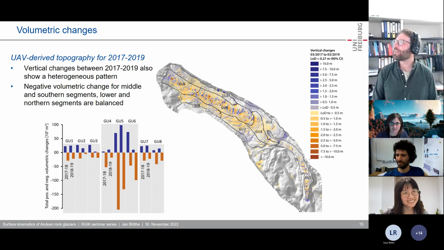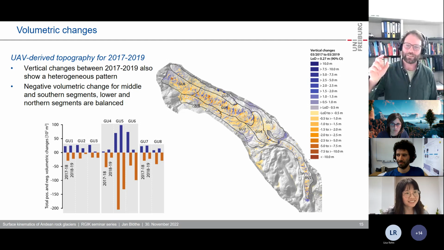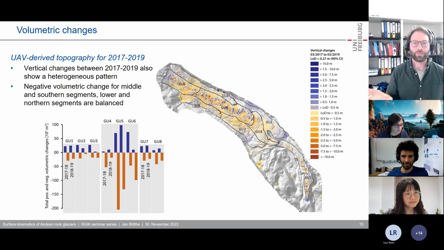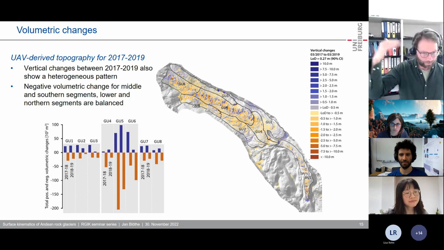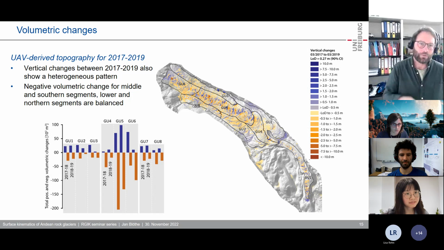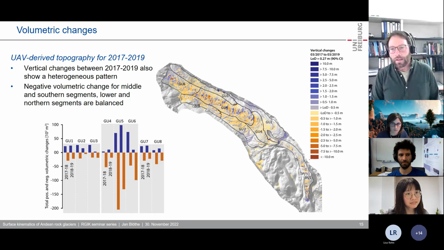Okay. So I have to confess that I did not analyze vertical changes in the entire study area, because I was just using optical satellite imagery. There's no information on vertical changes, so I didn't compute DEMs from the satellite imagery. What we have is what I'm showing you here.